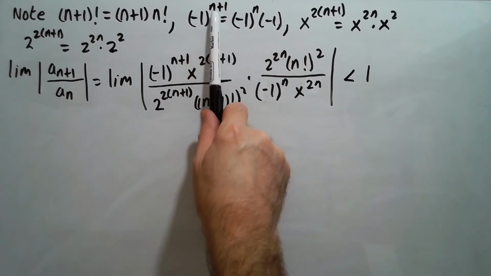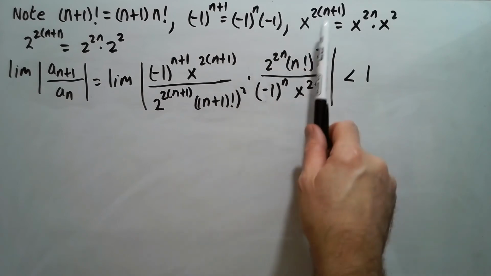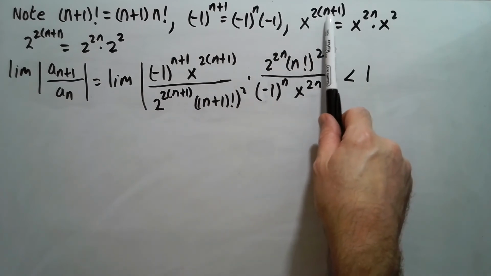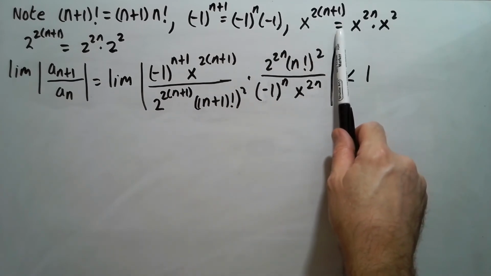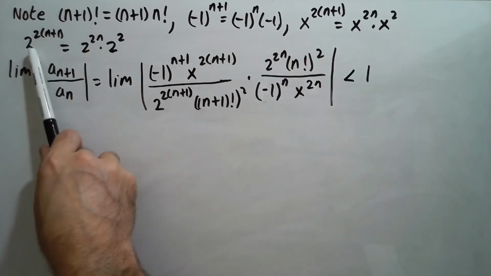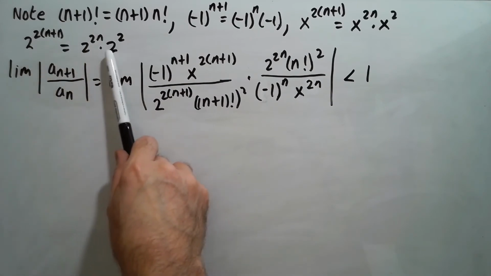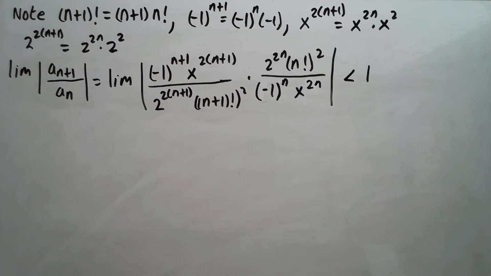Also, minus 1 to the n plus 1 can be written as minus 1 to the n times minus 1. And x to the 2 times n plus 1 power can be broken down as x to the 2n times x squared. And 2 to the 2n plus 1 can be written as 2 to the 2n times 2 squared.